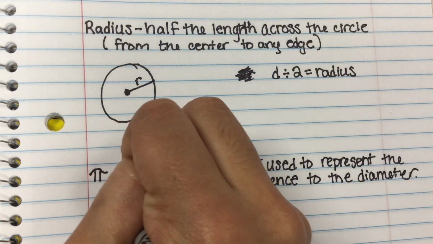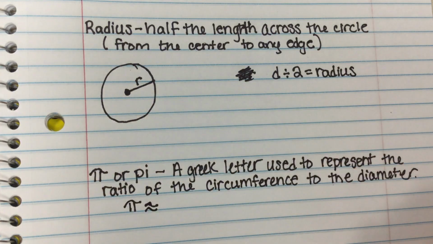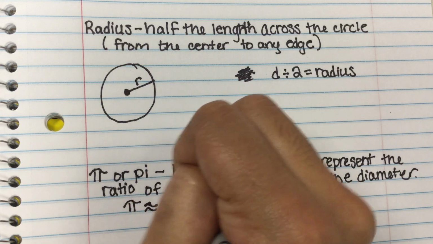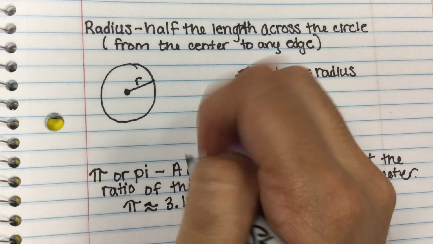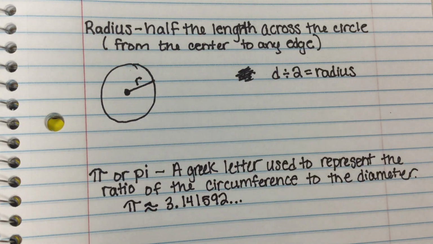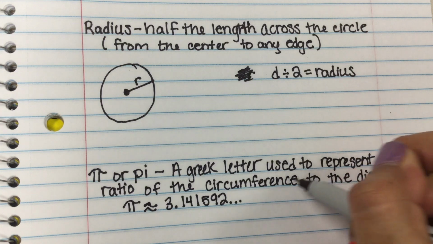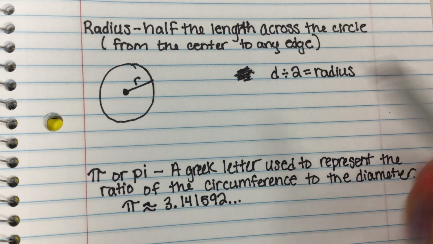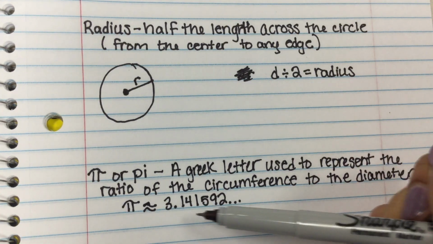Pi is equivalent, not exactly equal to, but equivalent to 3.141592, and the number for pi goes on and on forever. We say the ratio because ratio represents division, so if you divide any circumference by its diameter, you're going to get this number.